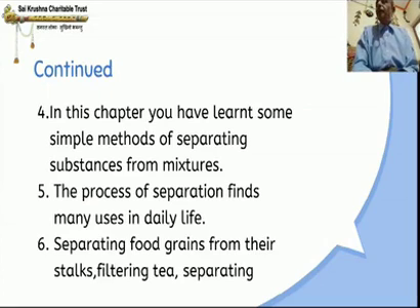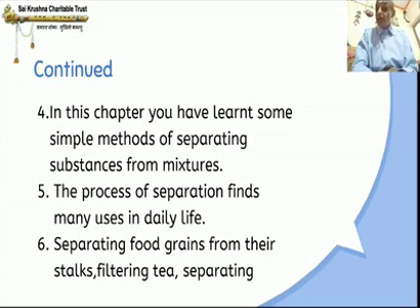In sieving, when we get either wheat or rice, all the unwanted impurities we remove using sieves, and we will be left with clean rice and clean wheat, which becomes usable for preparing rice and chapatis. So the process of separation finds many uses in daily life. It's not just one use, there are many uses, right?